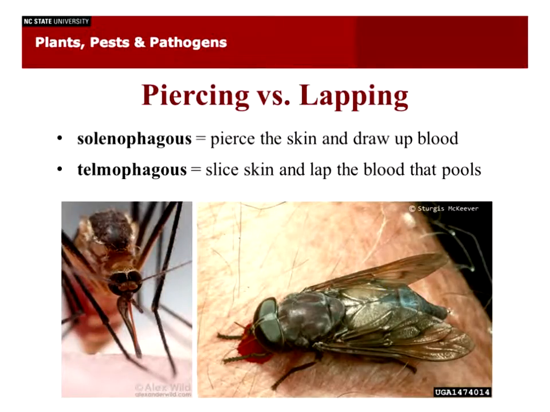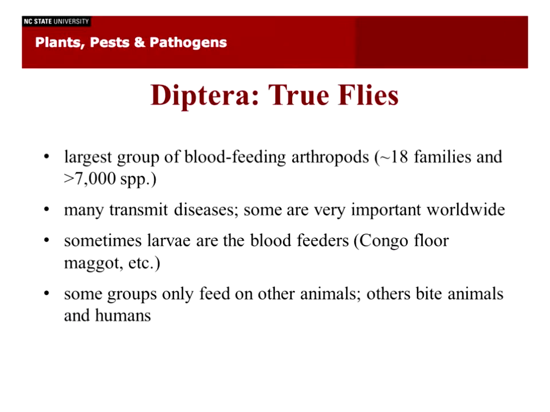Now, solenophagous insects are usually less noticeable. You won't feel their bites right away because they're tapping in, whereas obviously even very small insects that slice open the skin are going to create much more pain, and then they drink the blood that wells on the surface. Now, the most common group of blood-feeding arthropods are the Diptera, the true flies.